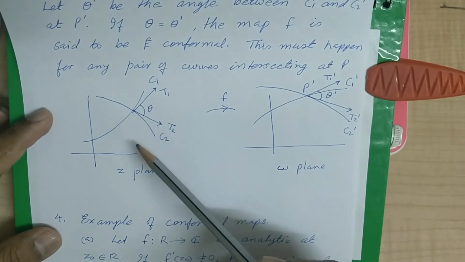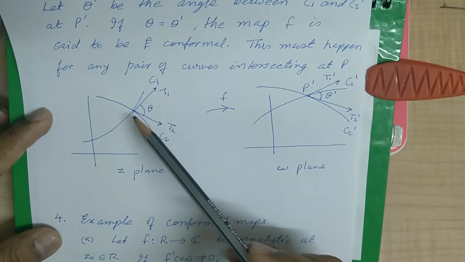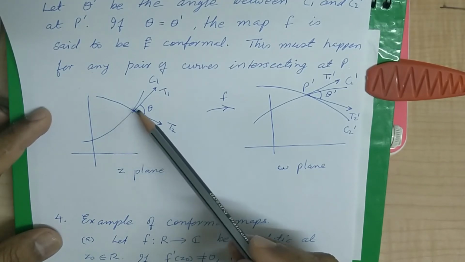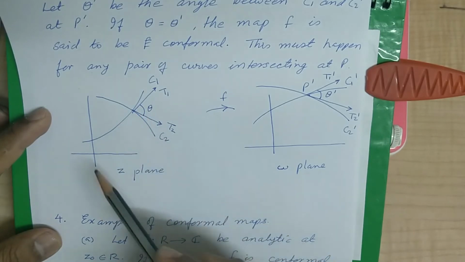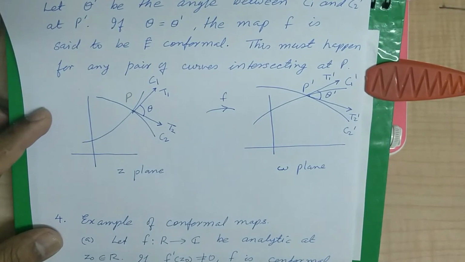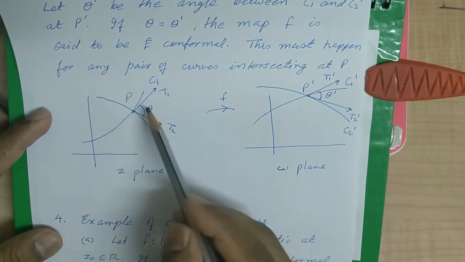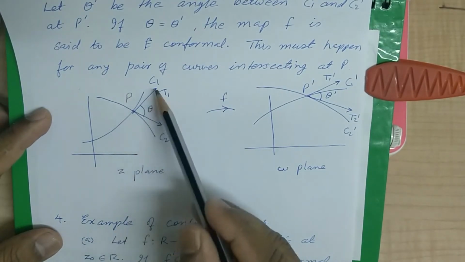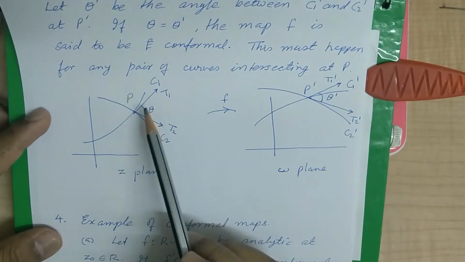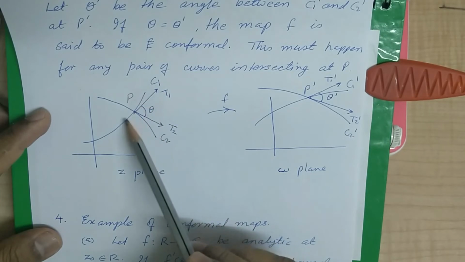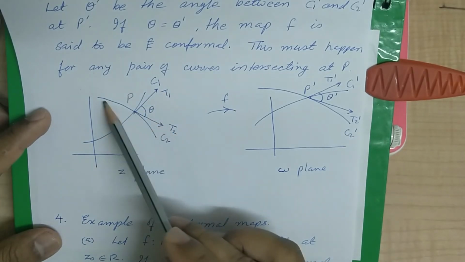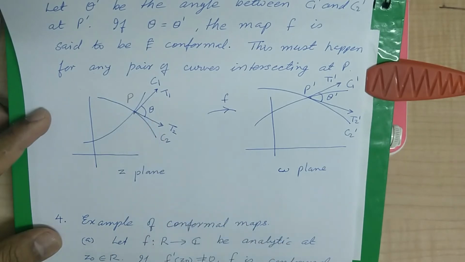So of course you have to look at the point of intersection. The angle is a local concept, and therefore if you call P to be the point of intersection, then the angle between the curves is actually the angle between the tangents to the curve at that particular point. So in this diagram, T1 is a tangent to the curve C1 at P. T2 is the tangent to the curve C2 at P.